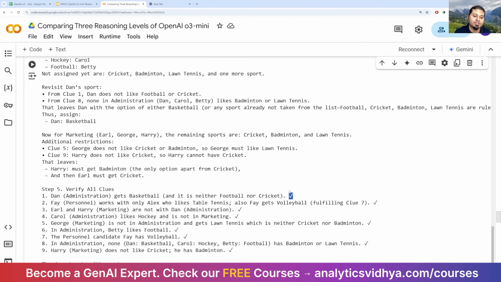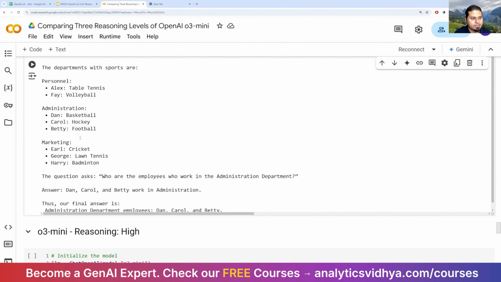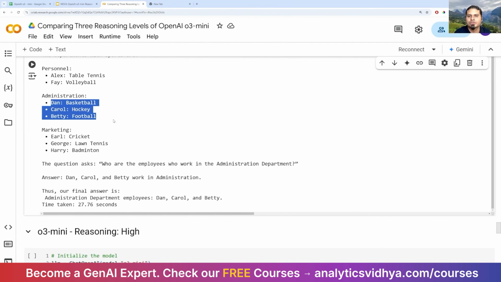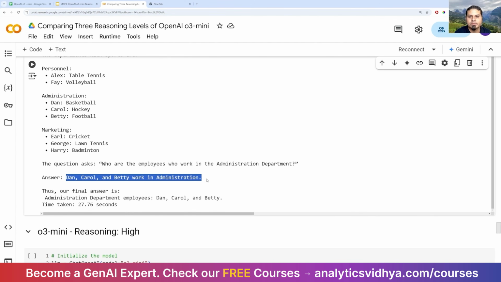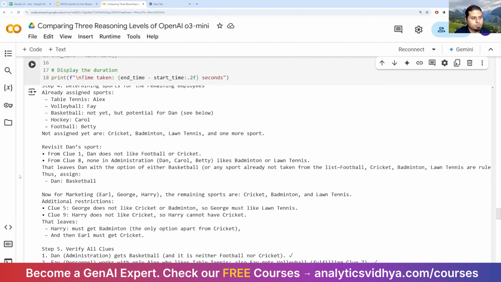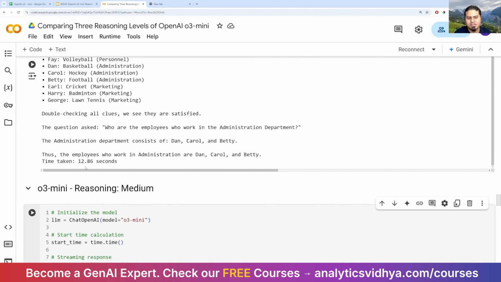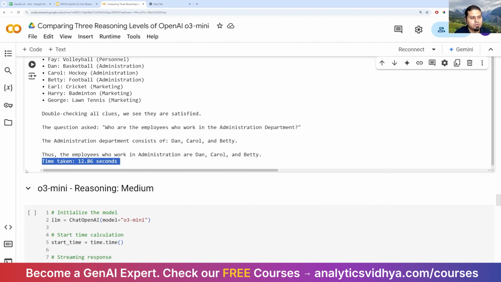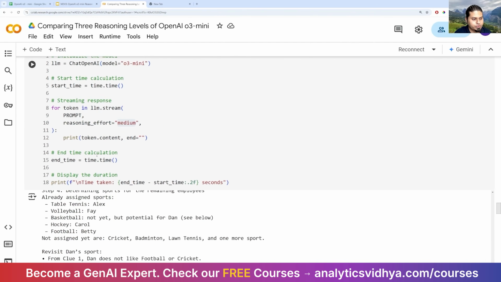It's doing some fact checking based on what it has done for every department. And then it finally gets to the answer, which is correct in terms of both the sport assignment for the people and the people, obviously, who work in administration. Time taken was roughly 28 seconds, which was more than double of what it took for the low reasoning effort level in o3-mini.